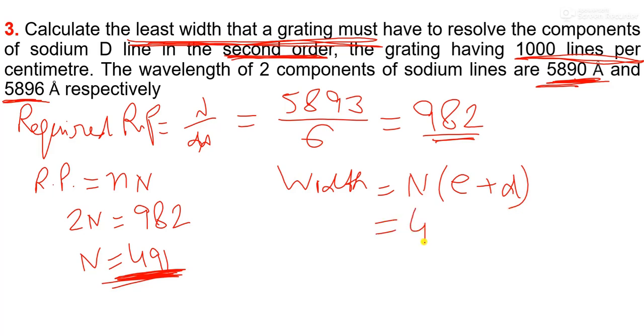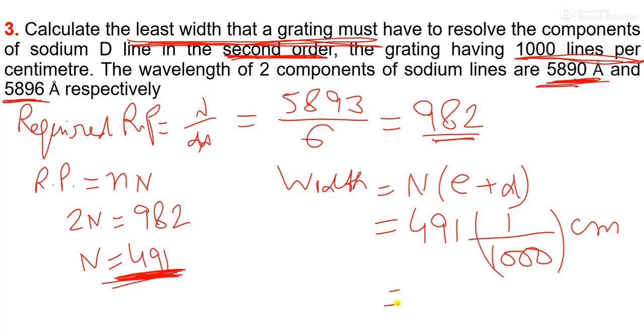Here capital N is 491 and e plus d is equal to 1 upon 1000. It is given 1000 lines per centimeter. So e plus d equals 1 upon 1000 centimeter. So width is 0.491 centimeter. This is the width of the grating.